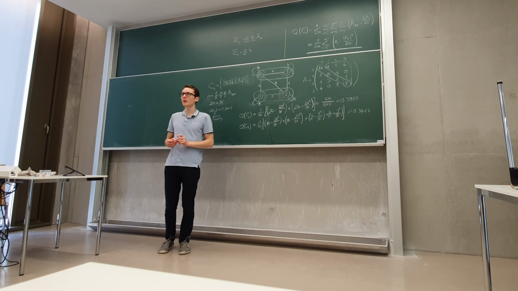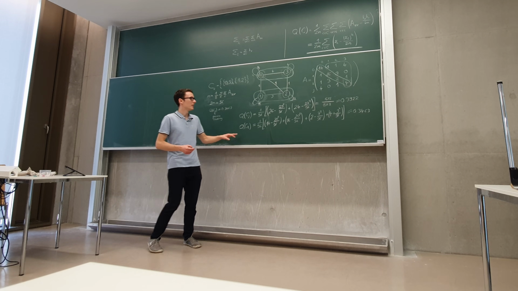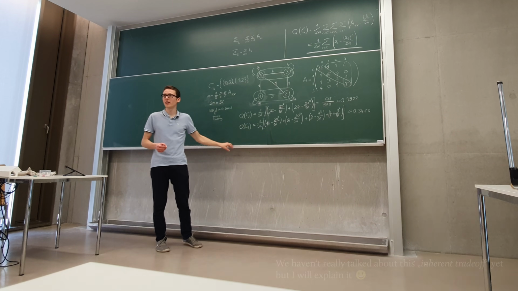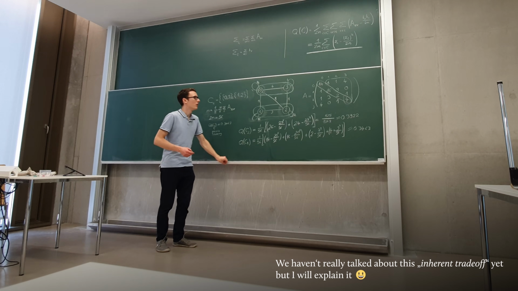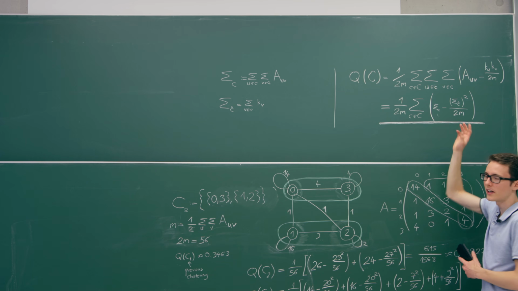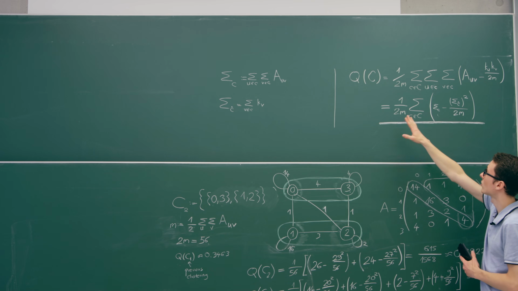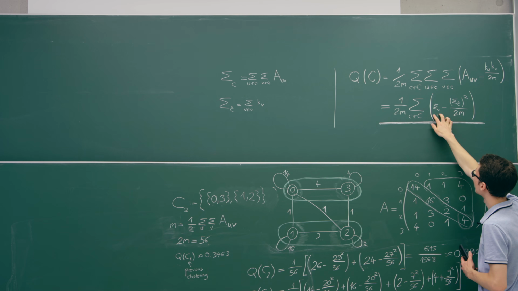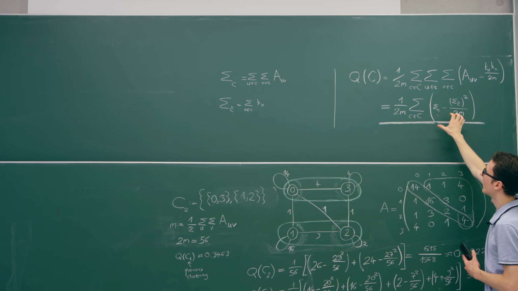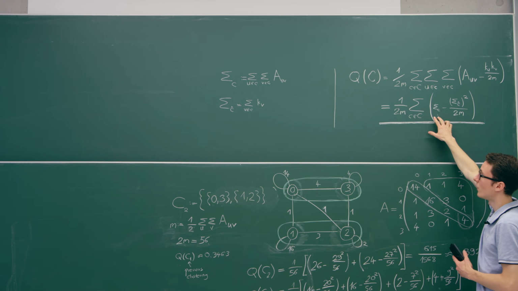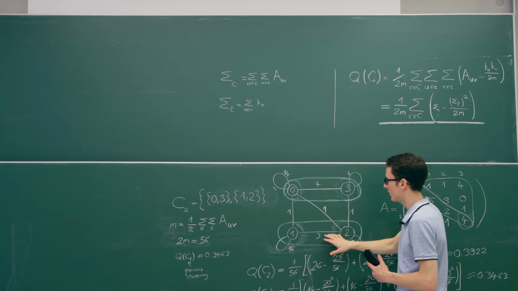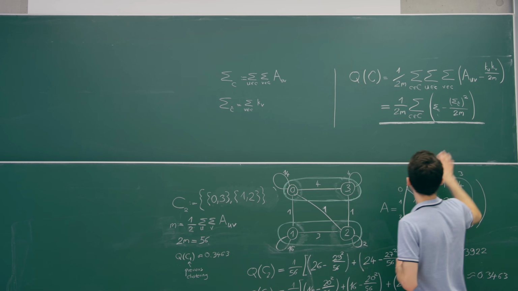Now, what I find really beautiful about this example is that we can see the inherent trade-off that we talked about earlier when we derived the formula. This trade-off meant when we want to maximize Q, we have to maximize this term, minimize this term, so that the difference is really big. Maximization of the first term means many edges inside communities.